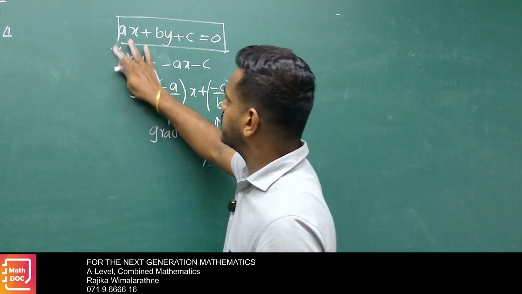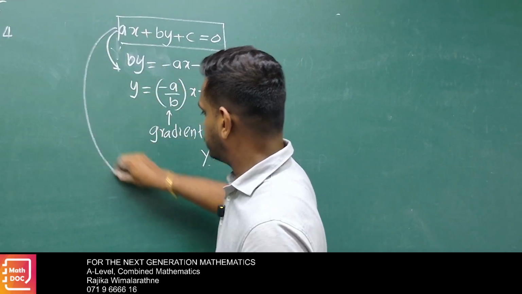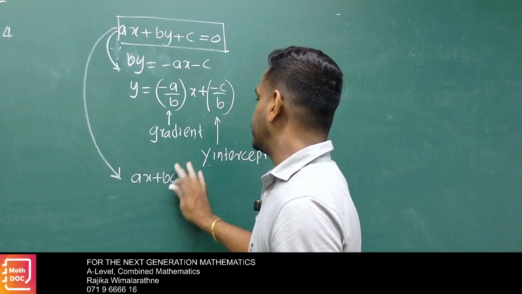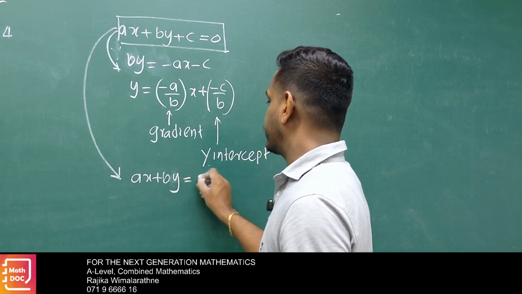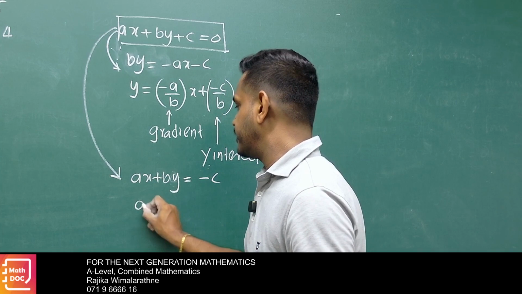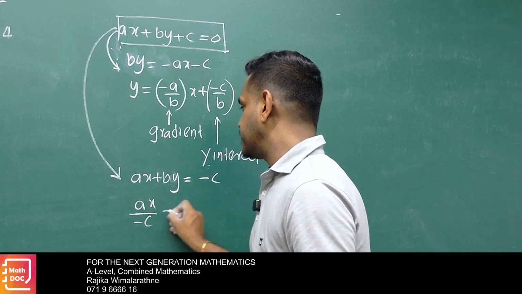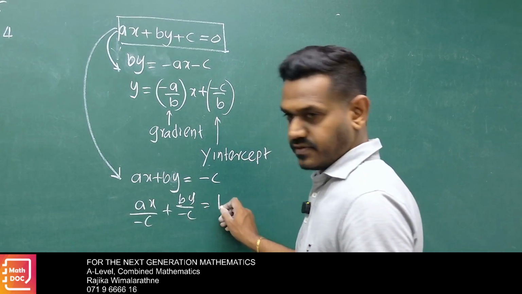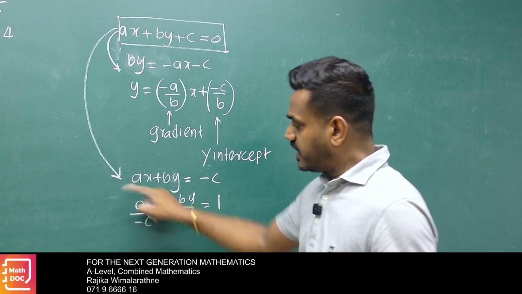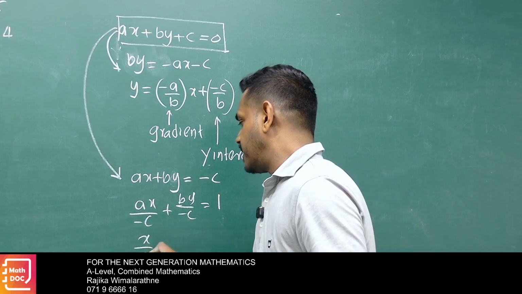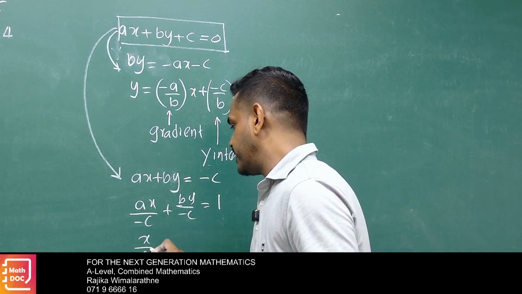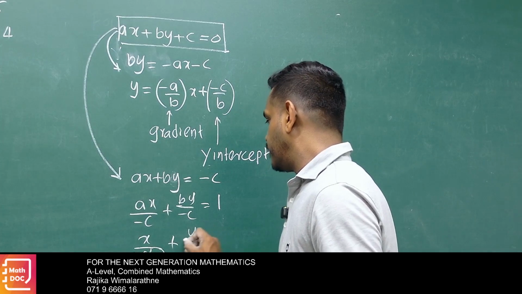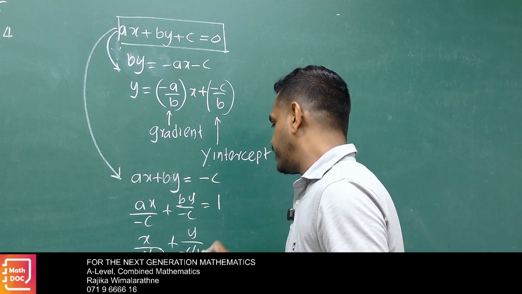Then see another conversion. ax plus by equals minus c. Then divide by minus c: ax over minus c plus by over minus c equals 1. No? Then take a downstairs: x over (minus c over a) plus y over (minus c over b).